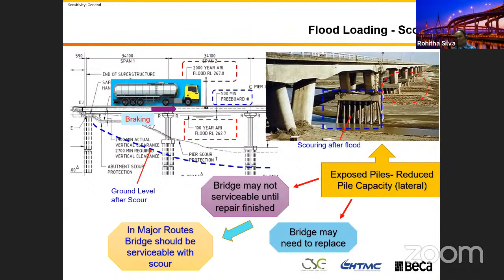So then you can't say it's affected by flood. You can't let heavy vehicles on that road. Even if I reduce the speed to 10 kilometers per hour, it's still doubtful whether we can allow you to use this bridge. Because of that, it's very important you design your bridge for the flood loading.